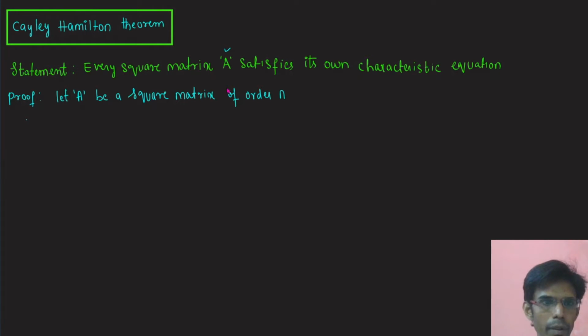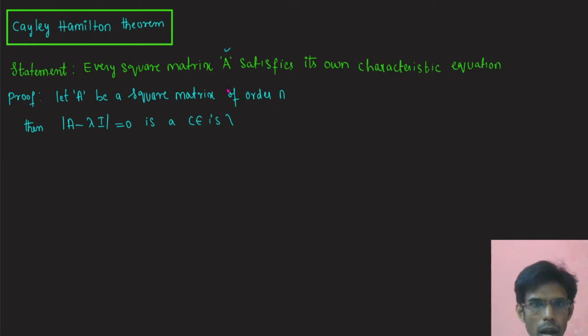Now, its characteristic equation will be determinant of A minus lambda I equal to 0. This is the characteristic equation in lambda.